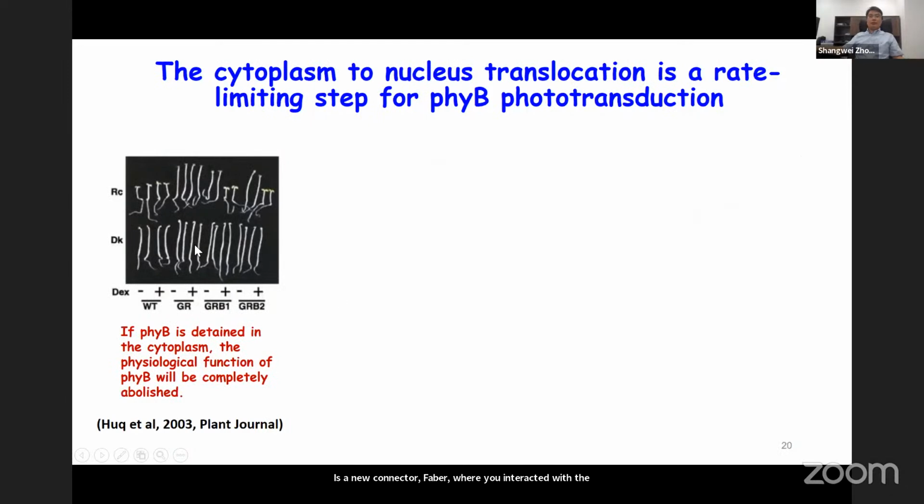In previous studies, it was found that if 5B is retained in the cytoplasm, the physiological function of 5B will be completely abolished. So the cytoplasm to nucleus translocation is a rate limiting step for 5B signal transduction.